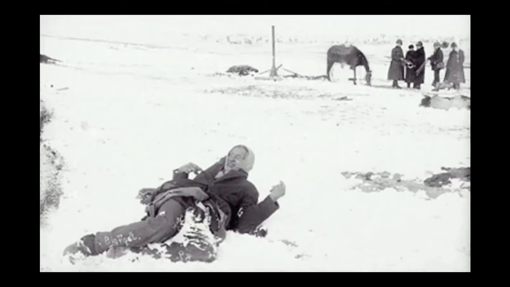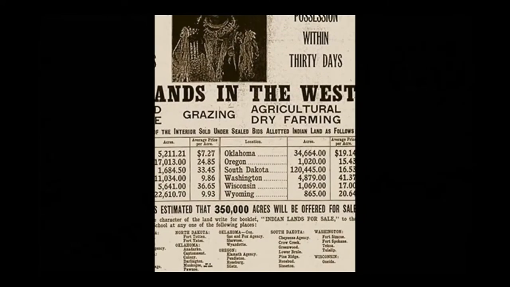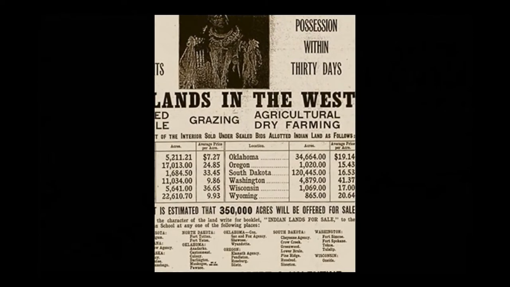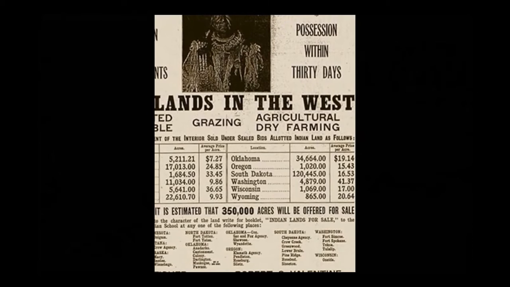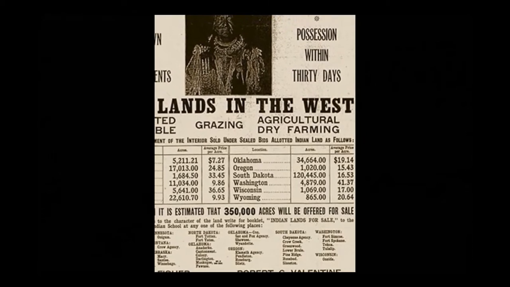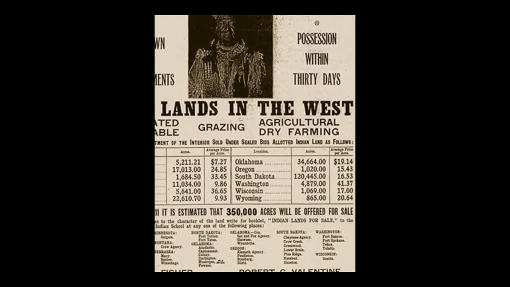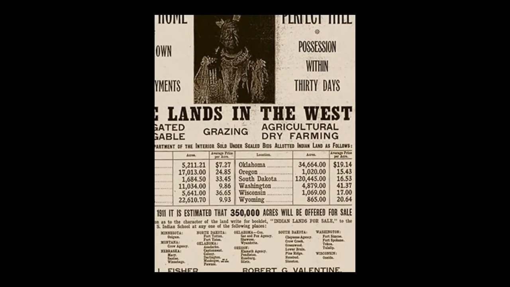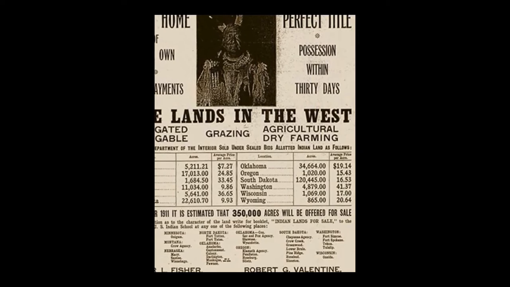Ultimately, it was the desire of white Americans to inhabit the land that Native Americans inhabited that was the ultimate cause of the conflict between Native Americans and white Americans, and was the ultimate reason why Native Americans and white Americans could not live peacefully.